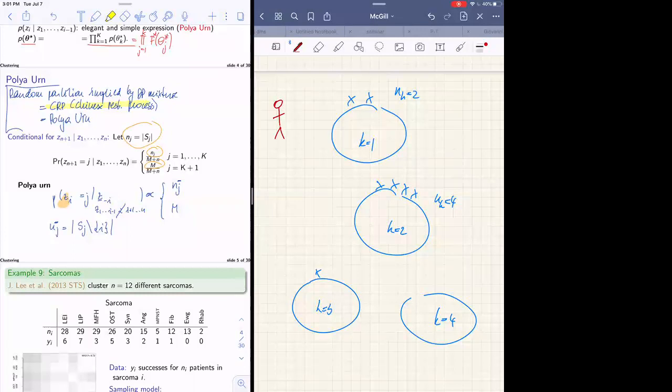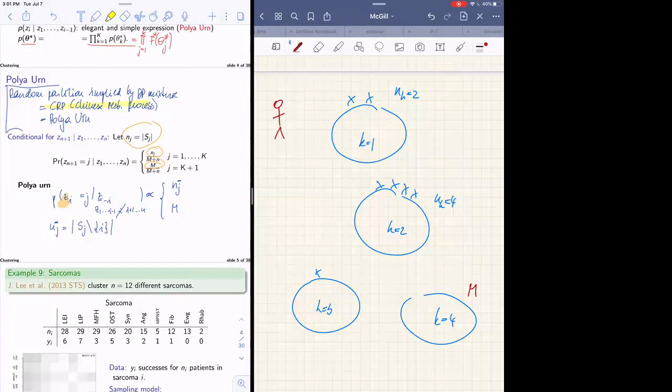If you join table k with probability proportional to the number of people who sit there, and a new table with probability proportional to capital M, then that's exactly the probability model on the left side of the screen. So if your probability of joining table 4 is proportional to 4, probability of joining table 1 is proportional to 2, etc., then you get exactly the model that we have on the left side.